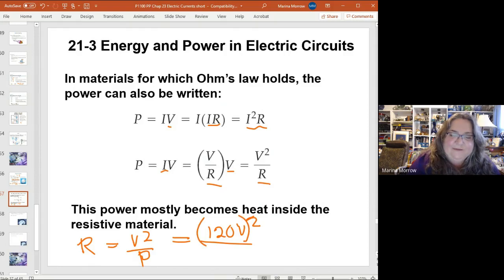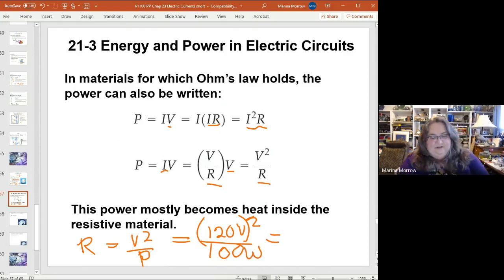And I'm dividing by the power, which was 100 watts. And now I can just do that equation, and end up with 144 ohms of resistance.